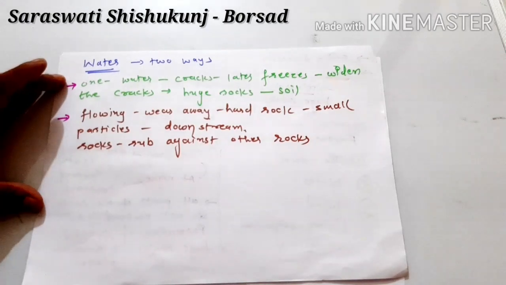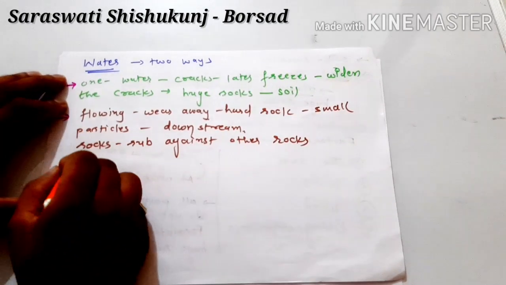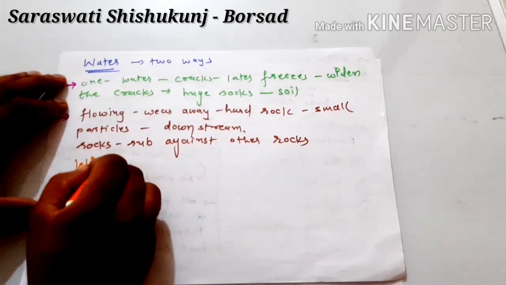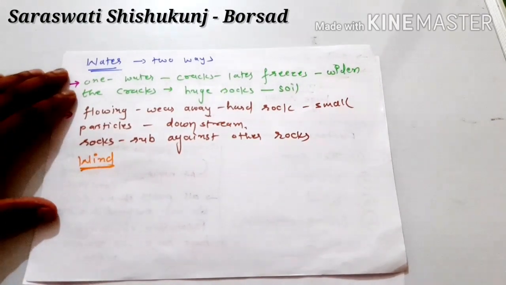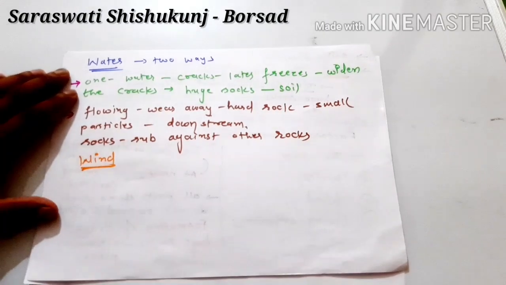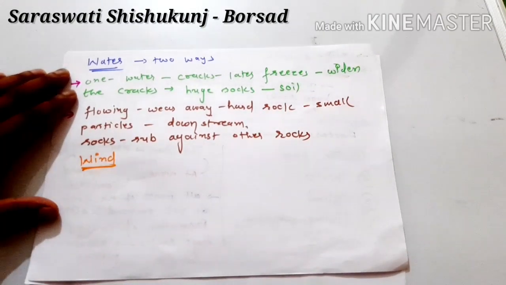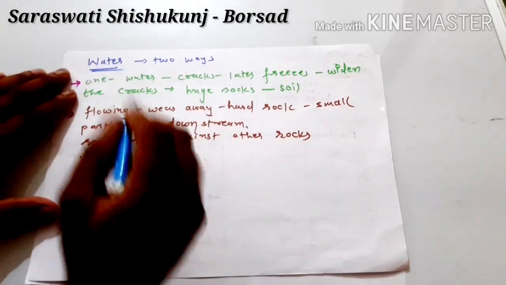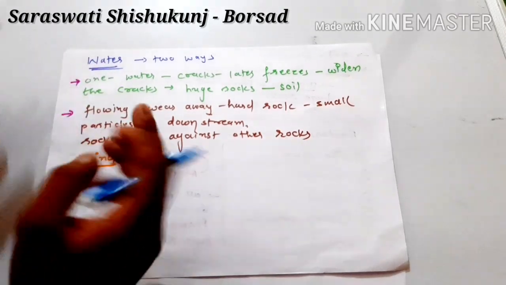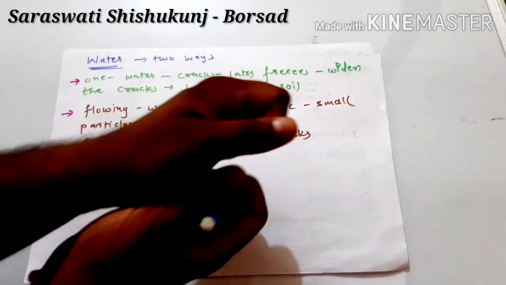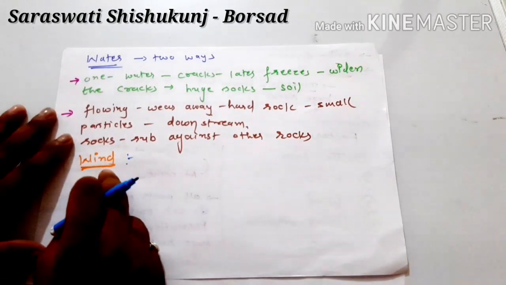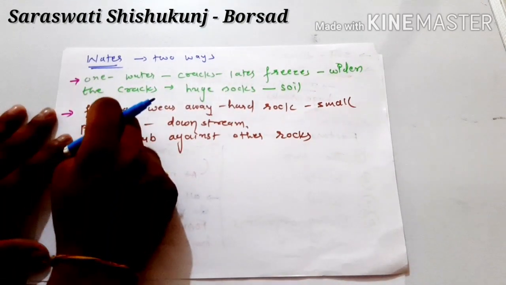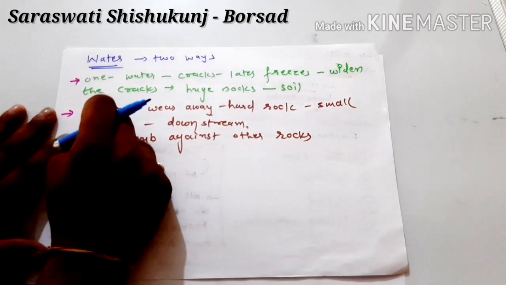Now let's see another factor, that is wind. Now how is wind responsible for formation of soil? So simple, we know that due to the wind, similarly to water, right? With the help of water, the rocks rubbed against each other. So with the wind also, it will be similar to the water, right?